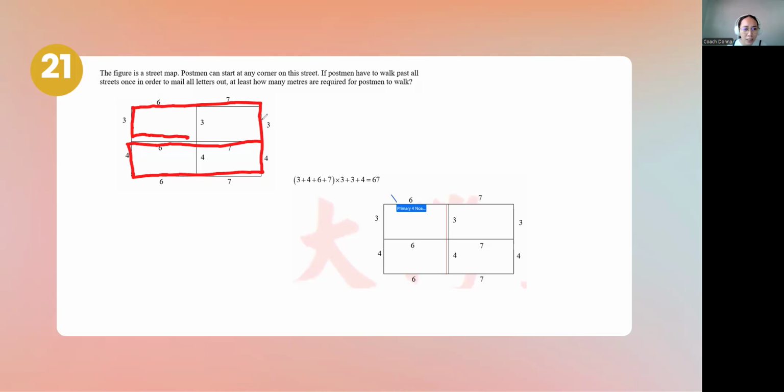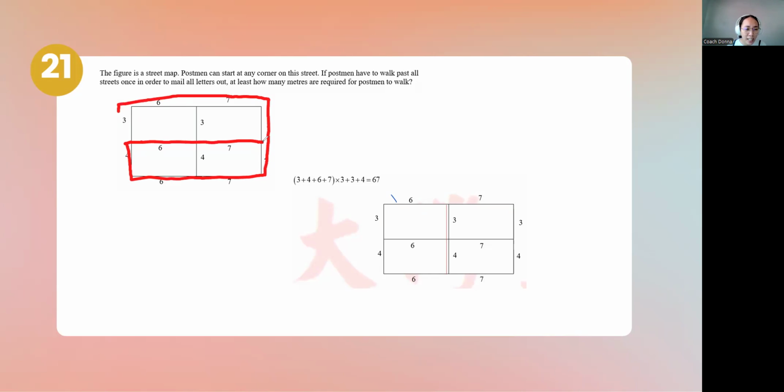Earlier, where we passed through 7, if we're going to pass through that one, if we start from the center, 7, 6, go back here, and then go up here, and then pass through here, and then here.